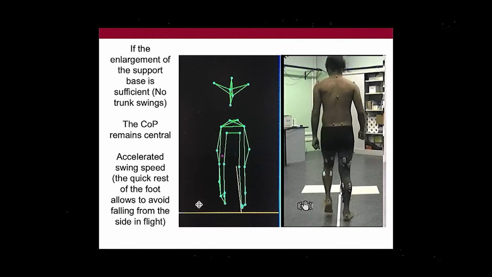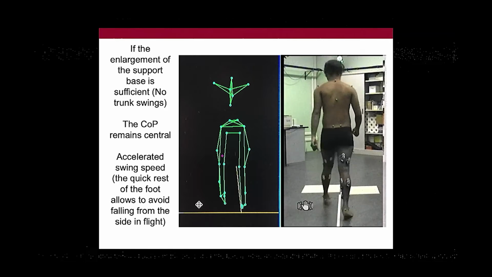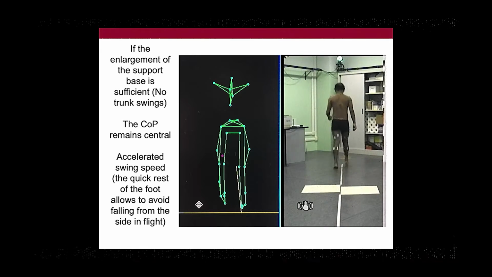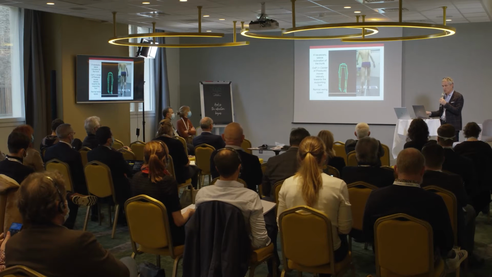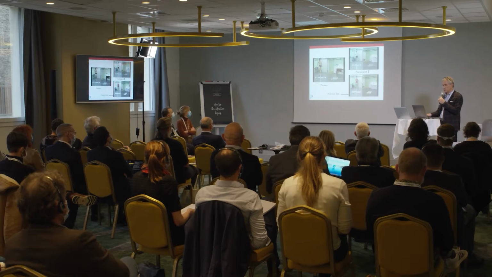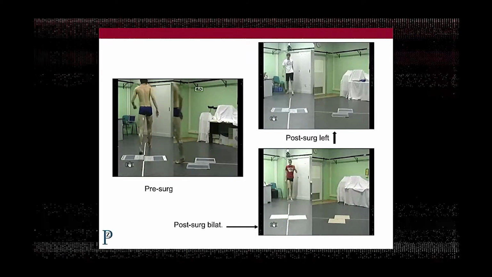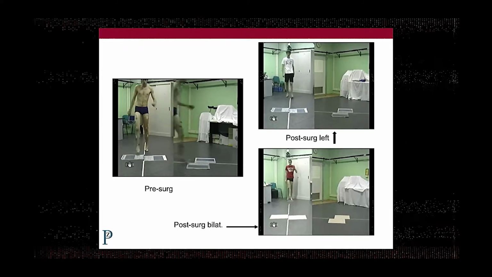The only way to maintain a good position is to accelerate the swing speed. If we have the deformity of the foot, in which the position of the foot might be more abducted to permit the correct plantigrade position, as we can see here, we have the complete movement of the trunk during the gait. We can see here the patient before surgery, and we can see the patient after the surgical procedure.